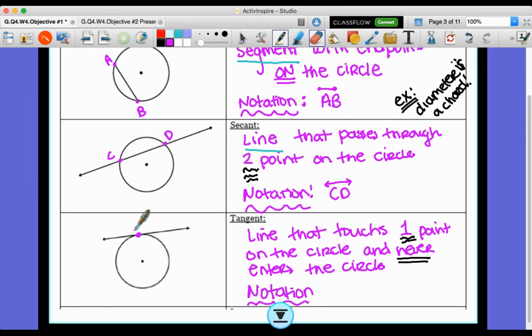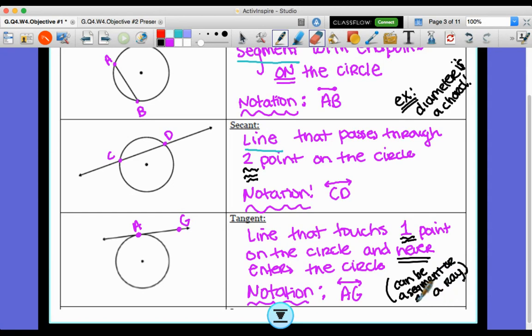So like for this one, if this is A and I would need another point, let's call this G, then I'm looking at AG. Right? So it can be a segment or a ray. Do you guys remember what a ray is?